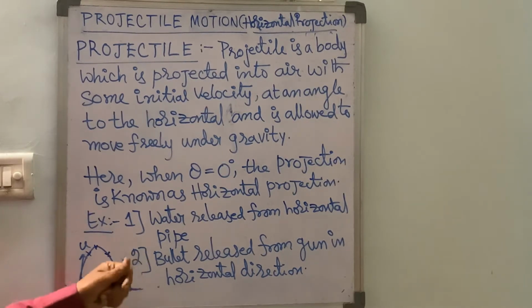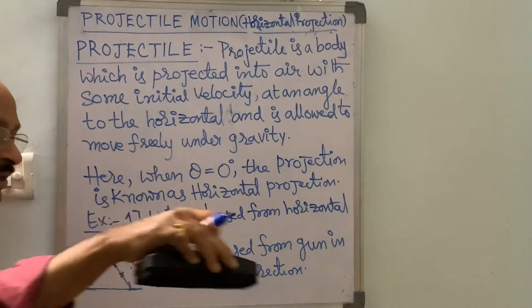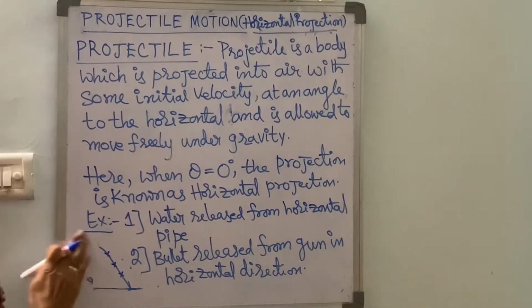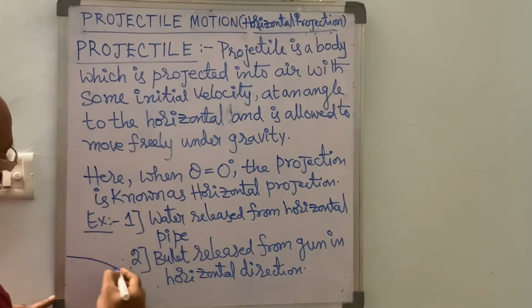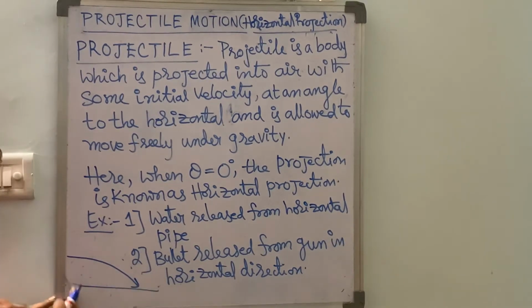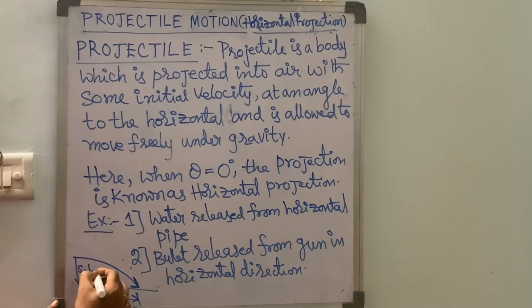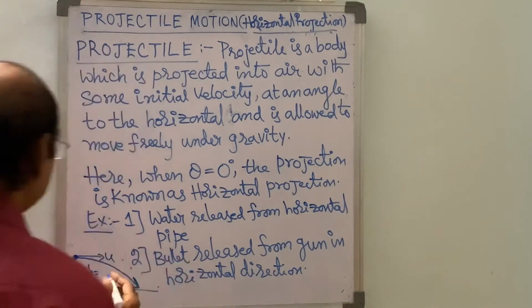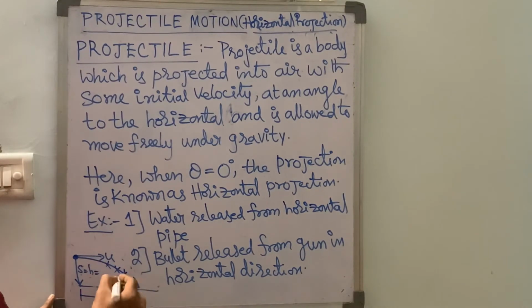When the body is traveling in the horizontal direction, after a certain time it reaches the ground, it falls like this. This is also a parabolic path, a parabola traveling from the origin. This is the vertical distance traveled, and this is the horizontal distance traveled by the body. The vertical distance is called the height of the body. Now let us show that the path of the projectile is a parabola.